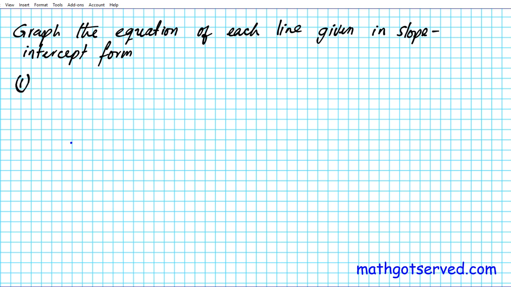So the first one, let's say we have y equals negative x minus 2. Let's take a look at that.